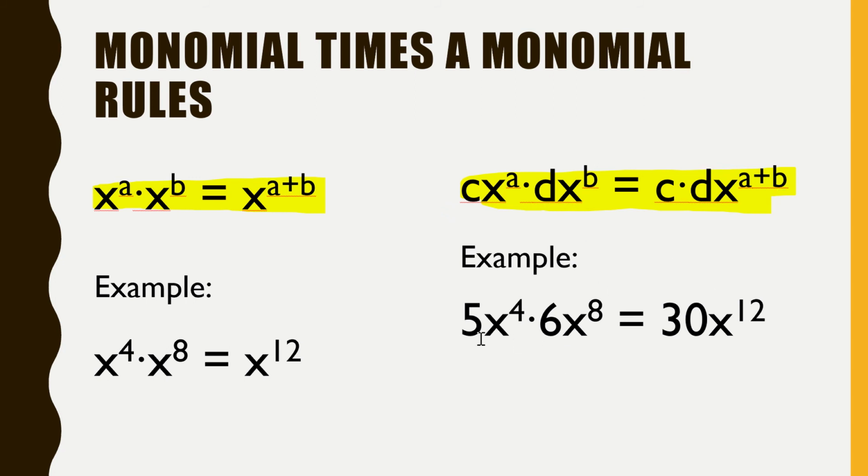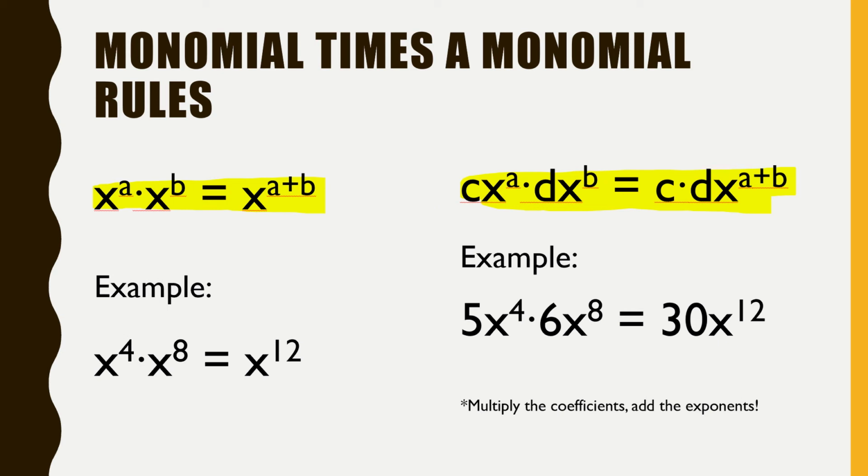So in this example, we have 5 times 6 gives us 30, and x to the 4th times x to the 8th gives us x to the 12th, because you have to add the exponents and multiply the coefficients. In general, that's a good thing to remember. You have to multiply the coefficients and add the exponents in order to do a monomial times a monomial, okay?